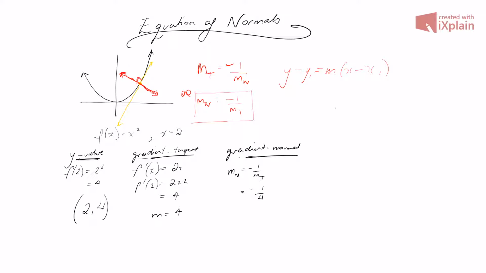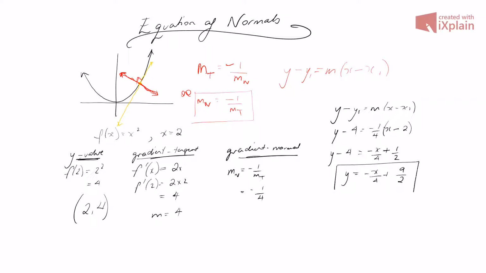Okay, then all we have to do is substitute it into the equation. y - 4 = (-1/4)(x - 2). Now, that's going to be y = -x/4 + 9/2.